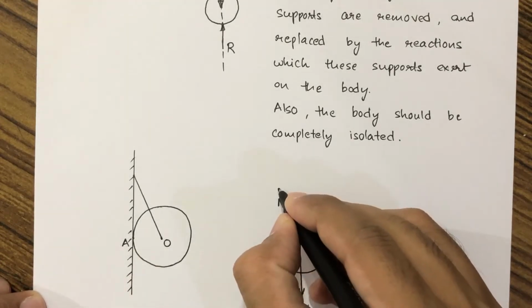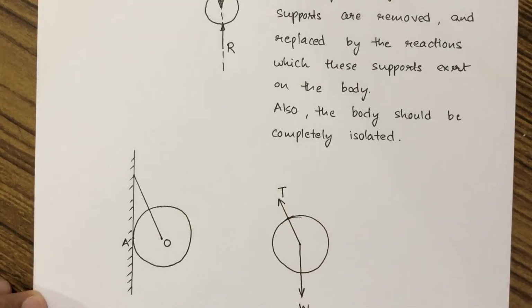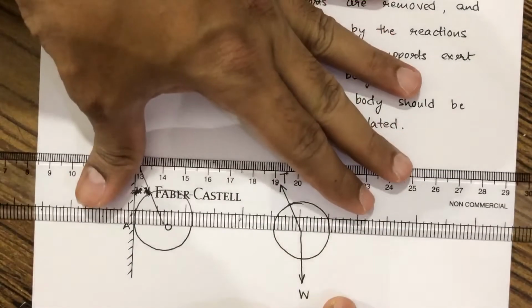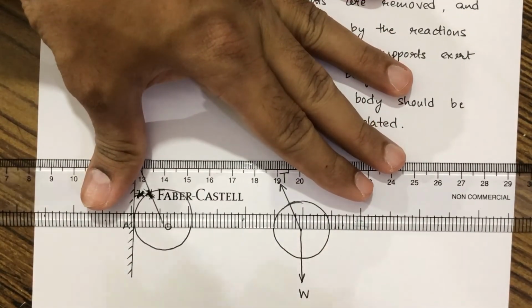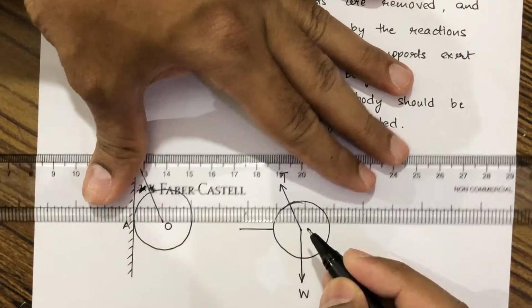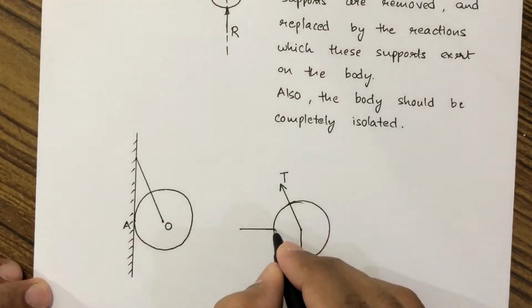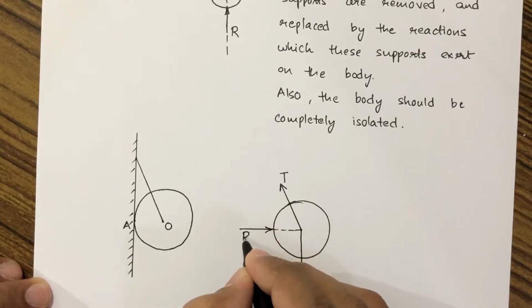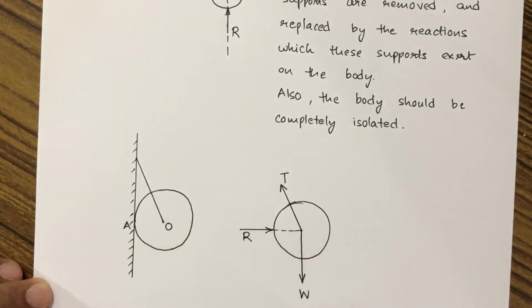So let us say that this is the tension force T, and also as this ball is supported at this point A, here there will be a normal reaction also, and this normal reaction should also pass through the center of the ball. This is the normal reaction at this point A.